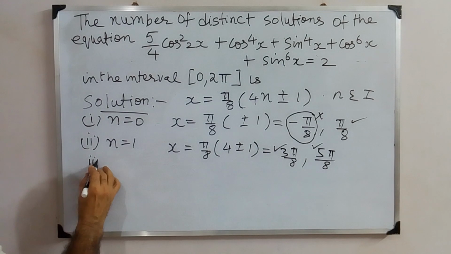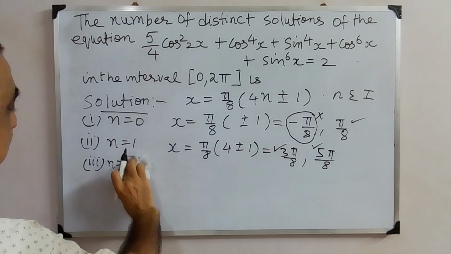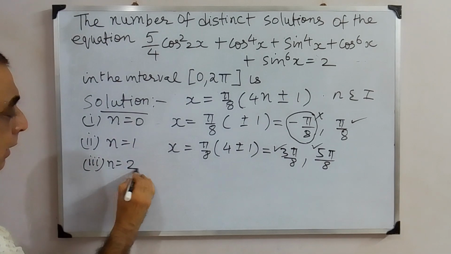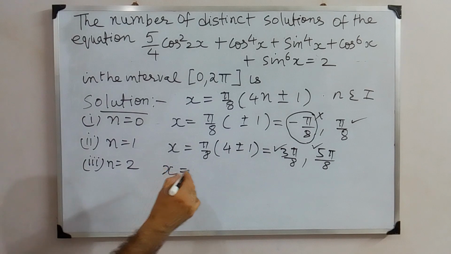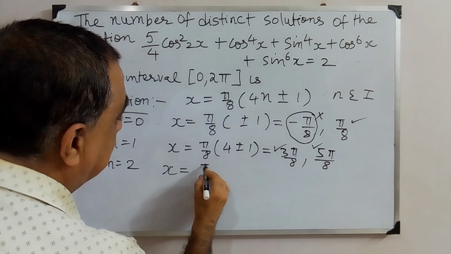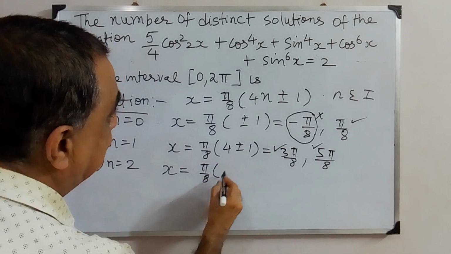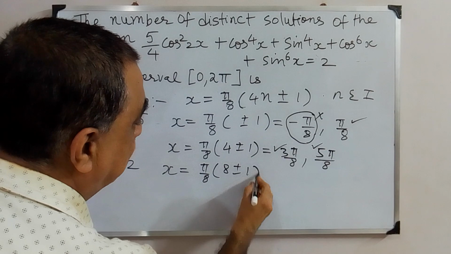Now put the n value equal to 2. So what will be the value of x? Here this will become pi by 8 into 4 into 2, which is 8, plus minus 1.